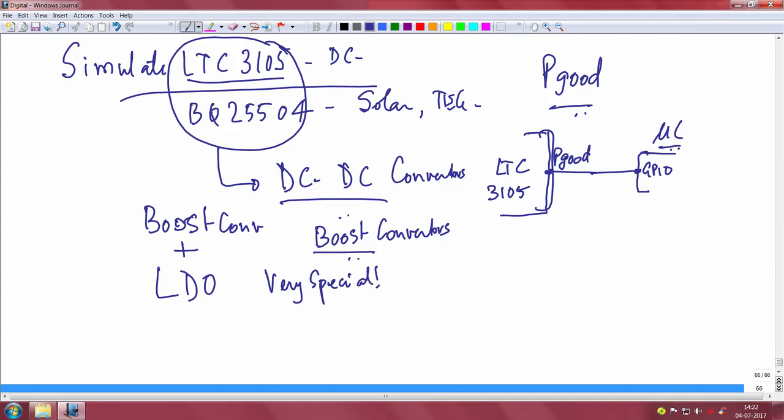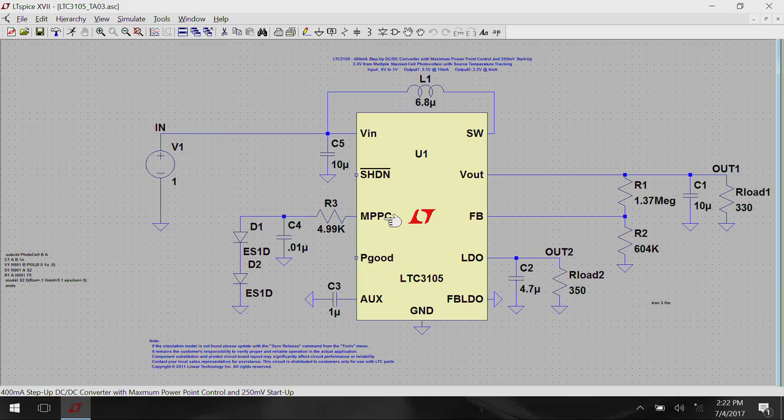As I mentioned to you, the major difference between a normal boost converter and an energy harvesting boost converter is that the input can sometimes go to 0, and the output electronics should not load it. We said this in the previous discussions as well.